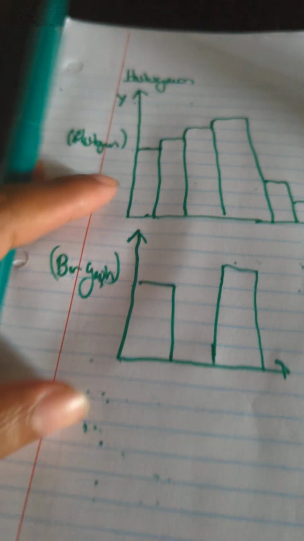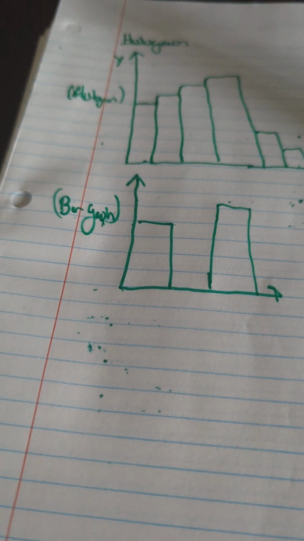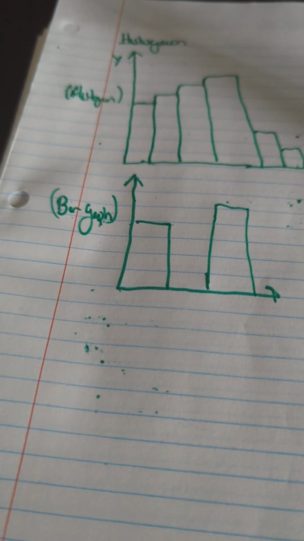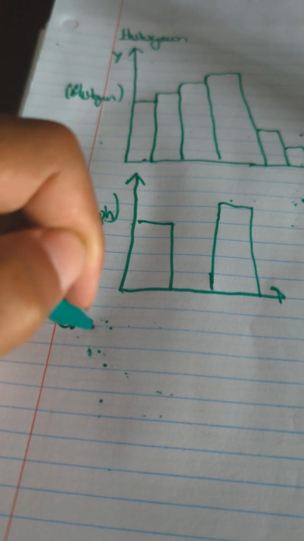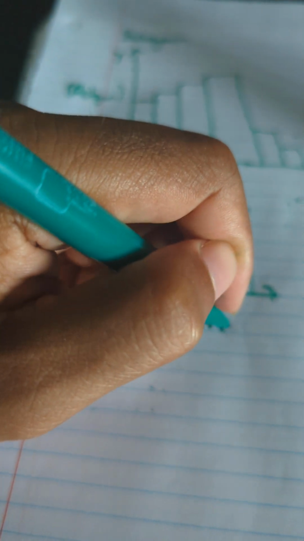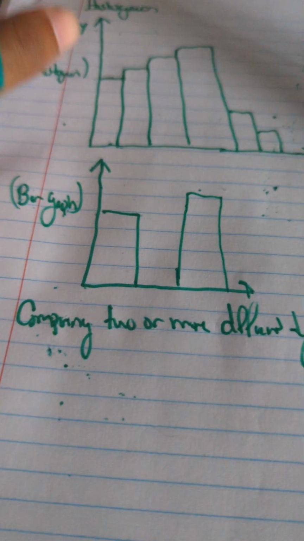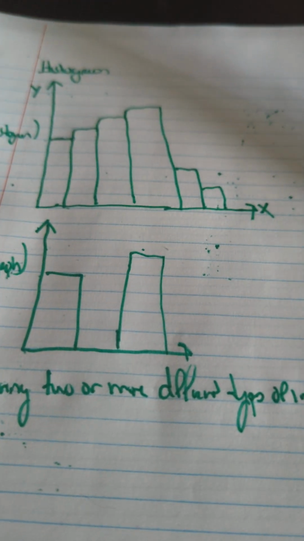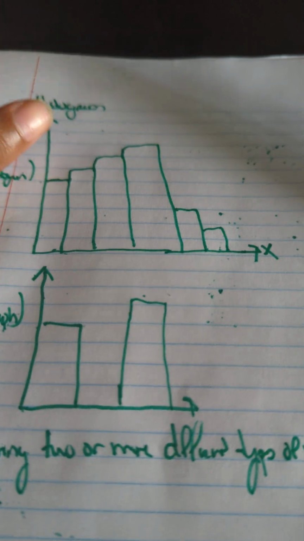A bar graph tells us about information when you're comparing two or more different types of information. In a histogram, you're not comparing different types of information.